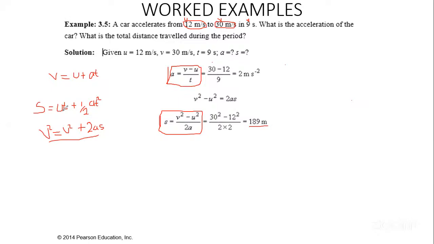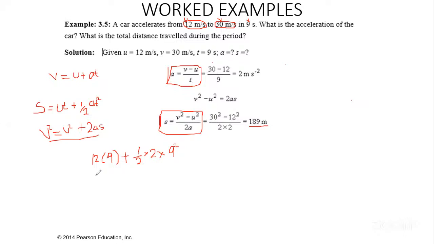Let's try with the other equation and see what we get as well. So u is 12, t is 9, plus half, a is 2, t is 9 squared.